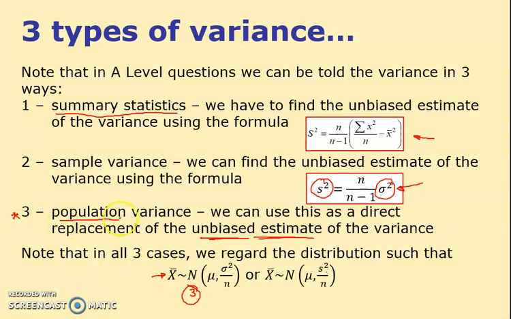If I know the actual population variance, sigma squared, and I think that's meant to say sigma x squared. Somehow you've worked it out. Anyway, or you've worked out an unbiased estimate, and this is 1 or 2, I suppose, up here. And if you worked out an unbiased estimate, you can use this form. But you'll notice in both cases, you're basically dividing what you've got by n still.